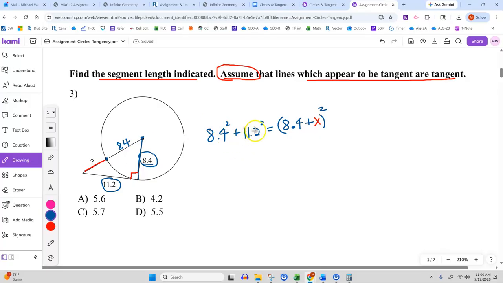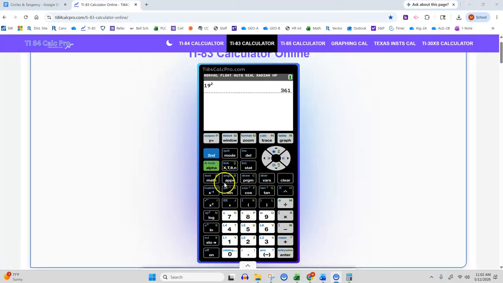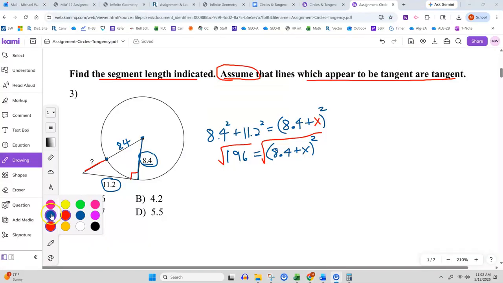Okay, so first let's do this in our calculator. Okay, so this is what I got here, and so now what I need to do is get rid of that square. Do you remember how we do that? Well, we just take the square root of this whole thing, okay? And then when we do the left side, what do we get? Remember, we go second, square root, 196, enter, and we get 14 over here.